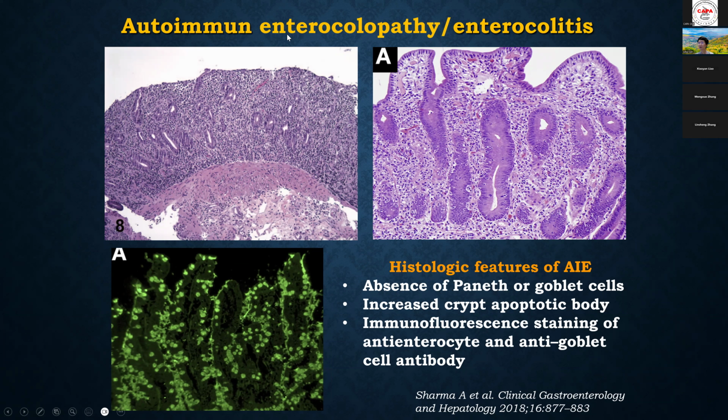This is called autoimmune enteropathy or autoimmune enterocolitis, depending on how much inflammation you have. This kind of patient has autoantibodies against enterocytes and goblet cells. So the goblet cells have disappeared, and you can see these apoptotic cells, that's immune-mediated injury attacking enterocytes, okay?